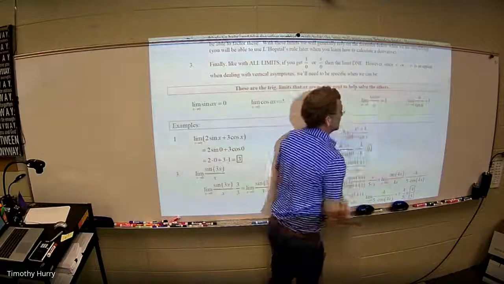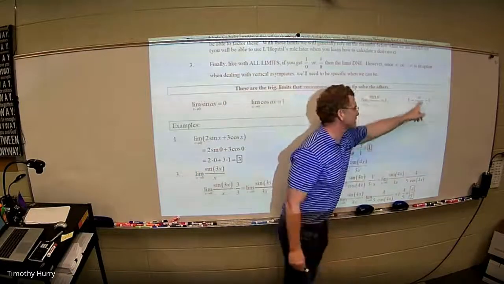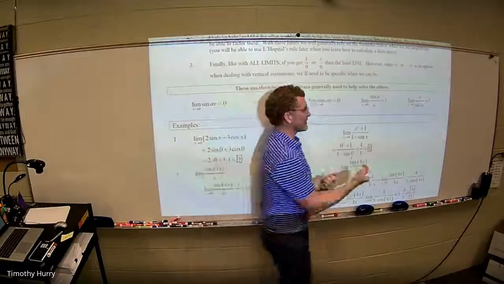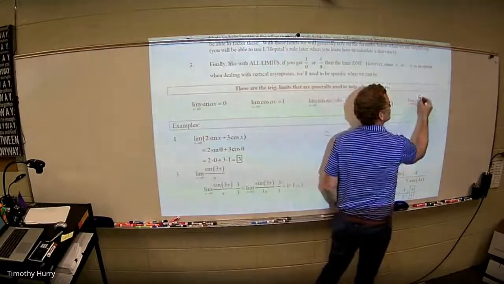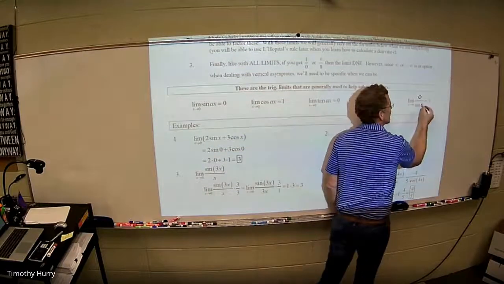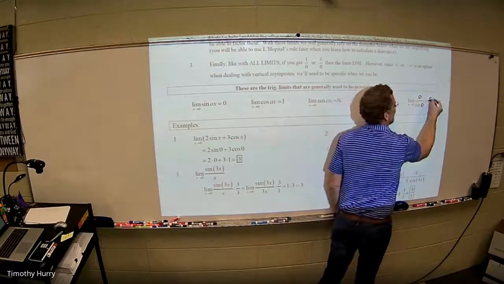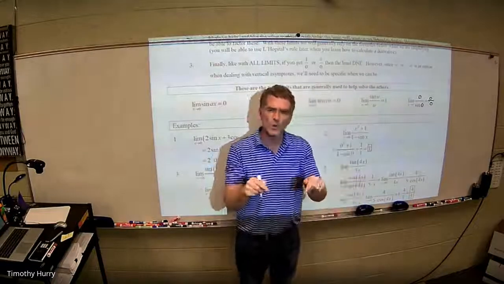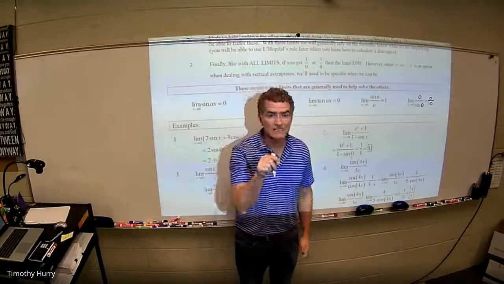Now, whether the sine is on the top or the bottom doesn't really matter. Think about it. If I plug a 0 in, I still get 0 there. If I plug a 0 there, I get sine of 0, which is 0. And again, that gives me 0 over 0. Not an answer, means there's a hole. But if there's a hole, there is a limit.